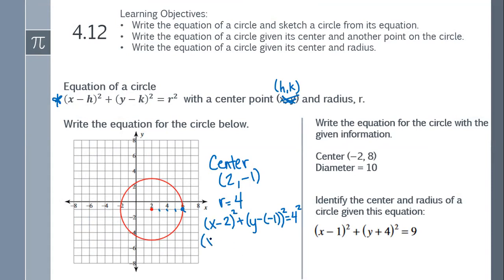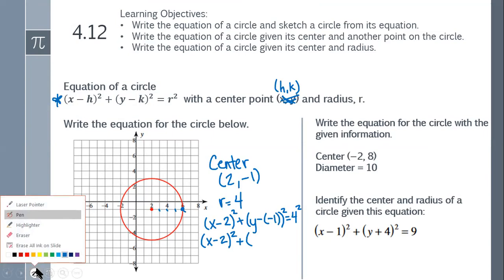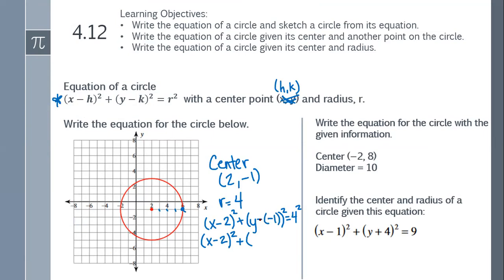So again, just to simplify the signs, (x minus 2) quantity squared plus, again, having the two negatives here together, I can make that into one giant positive sign. Hopefully you remember that from previous math classes. So (y plus 1) quantity squared, and then 4 squared is 16. So that would be my equation.